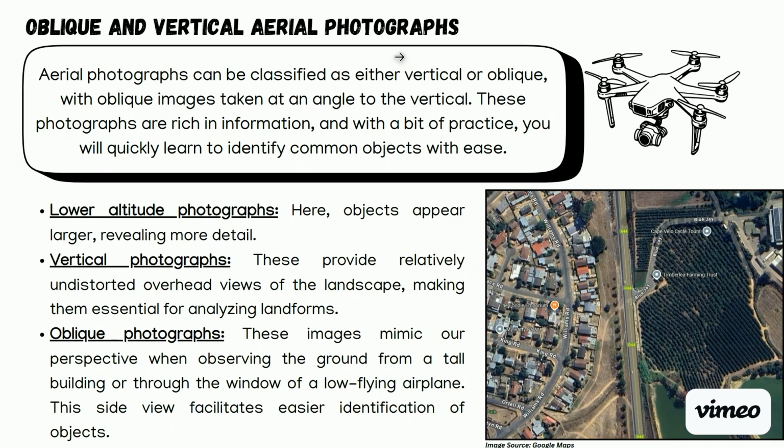Your vertical photographs, these provide relatively undistorted overhead views of the landscape, making them essential for analyzing landforms. And then your oblique photographs, these images mimic our perspective when observing the ground from a tall building or through the window of a low-flying airplane. This side view facilitates easier identification of various objects.